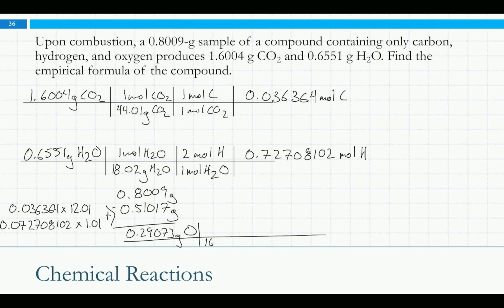And now we just need the moles of oxygen. So divide that by 16. Great.